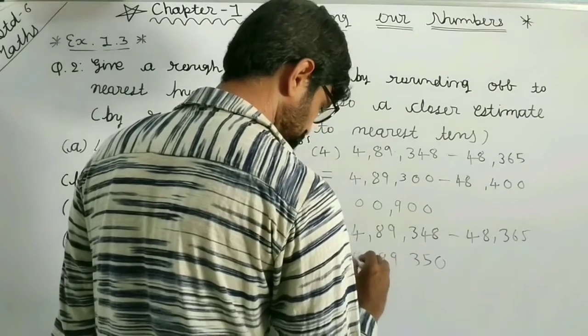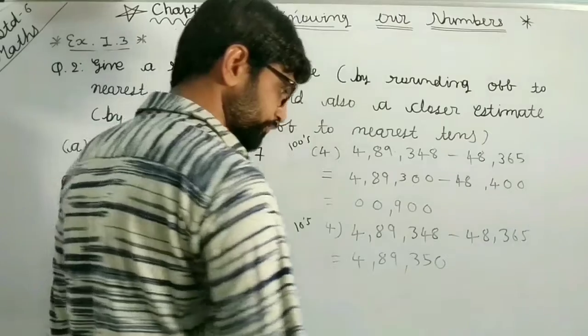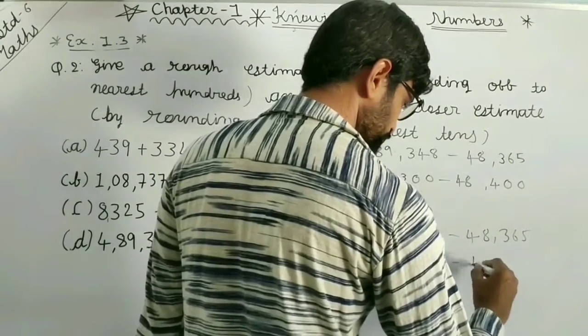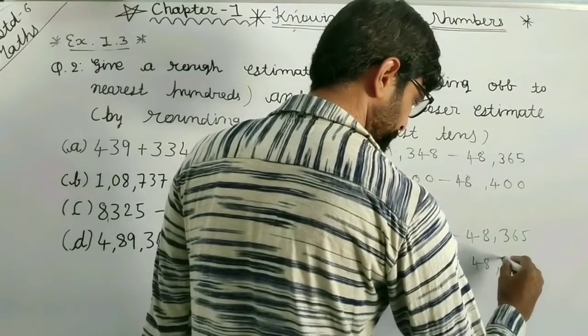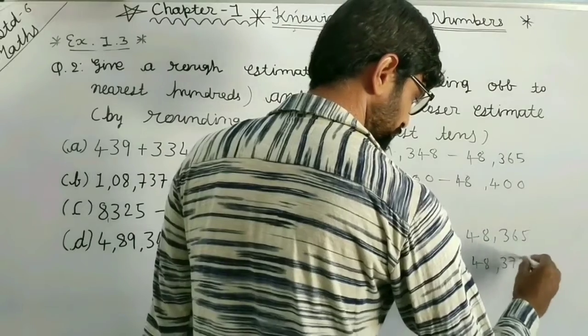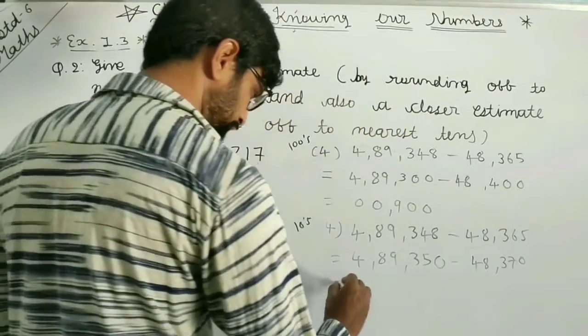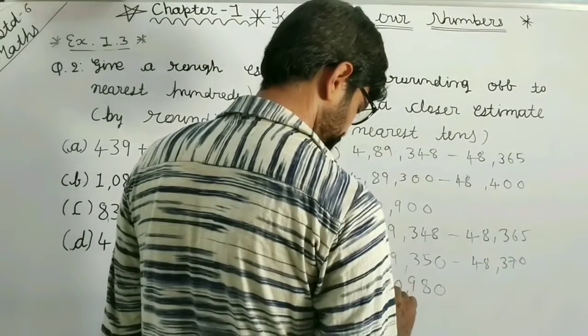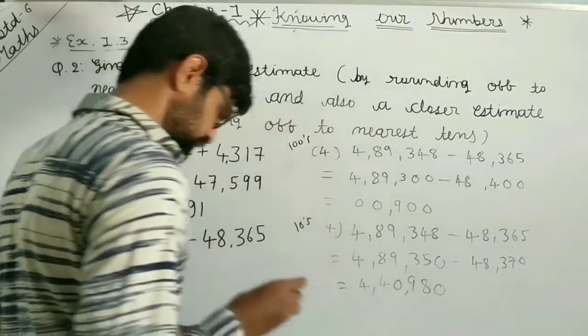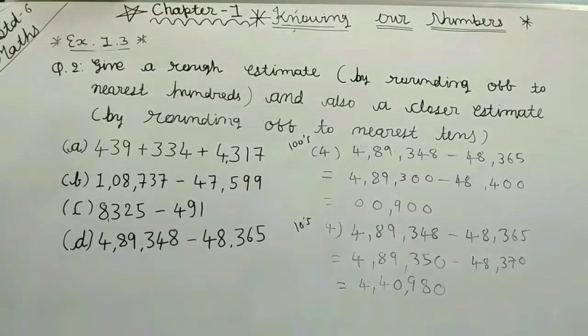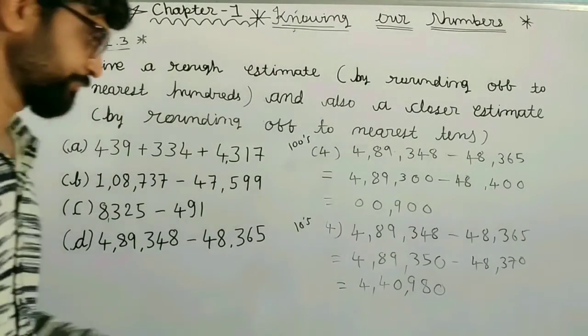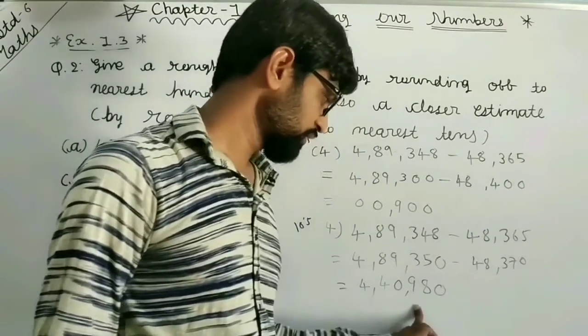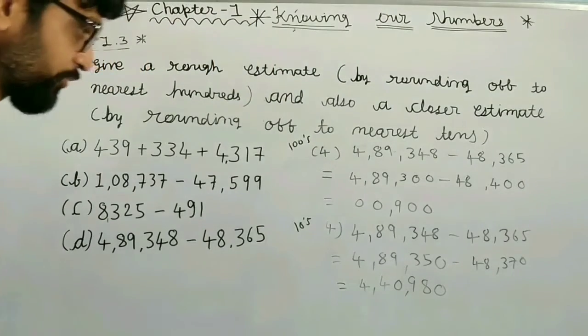The remaining part will be the same. 6 means 7. Now subtract the amount. 0. This 4 and here is 4. This is your answer, 4,40,980. Is that clear to everyone?